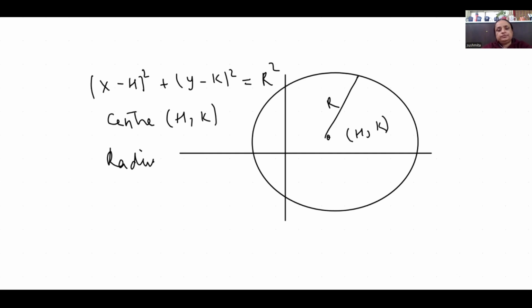These are the two things that you need to know. Now we are going to do some questions based on the circle equations.